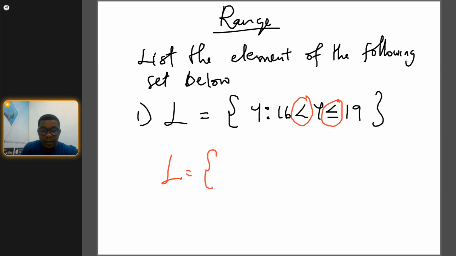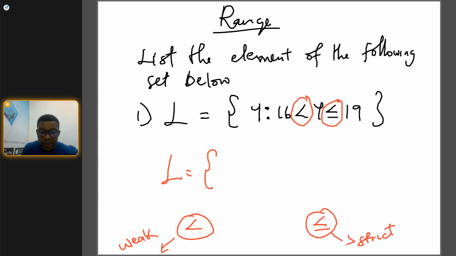16 is less than y, less than or equal to 19. So this implies less than, and less than or equal to. We call this one a weak inequality sign, while we call this a strict or strong inequality sign.